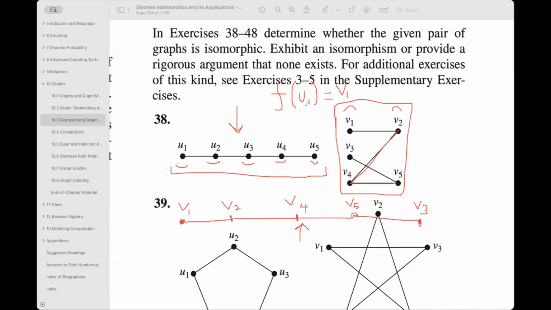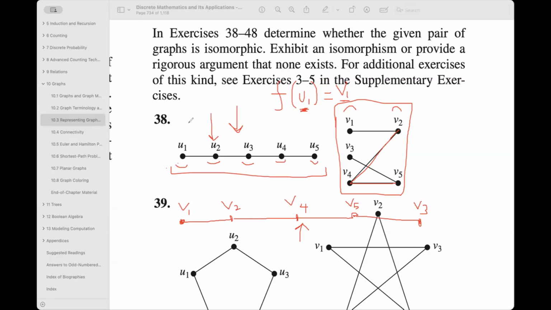That means whatever qualities U1 has, because I'm trying to prove isomorphism, V1 should also have them. That means the edge that connects U1 to the next node here should also tell me what the next vertex that connects to V1 should be.